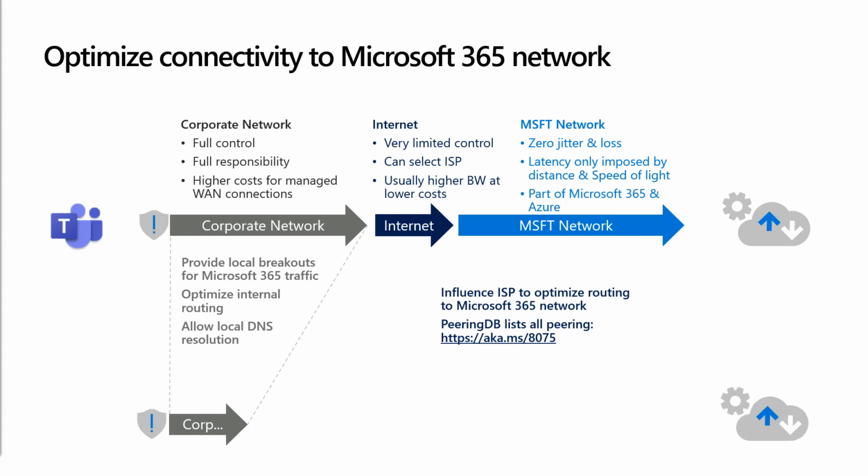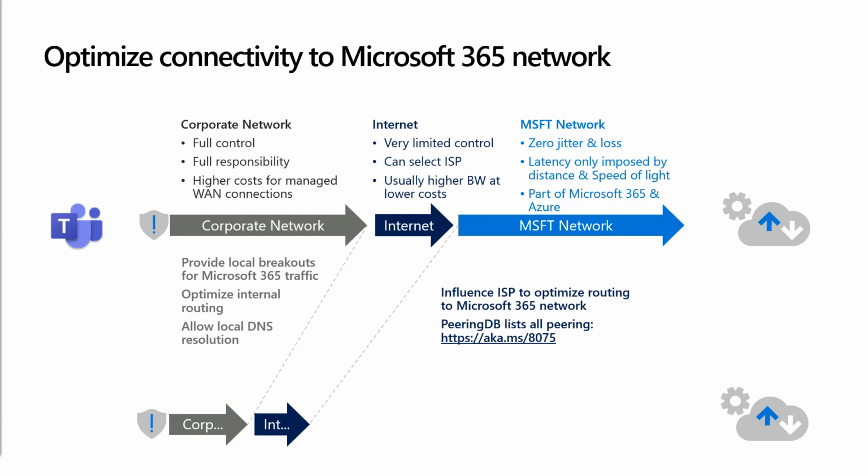If you have your DNS set up so that all DNS requests get forwarded to the corporate headquarter data center in a different country, the Microsoft DNS servers will see the DNS requests come from the corporate headquarter and not the local branch, and assume that the user is at the corporate headquarters, not at the local branch. Thus, it'll return an accurate DNS entry for the corporate headquarters, but not one for the local branch. So the local branch needs local DNS so that the Microsoft DNS servers can realize where they are located and give them the optimal DNS response, which would be an IP address to an Azure Front Door close to them.